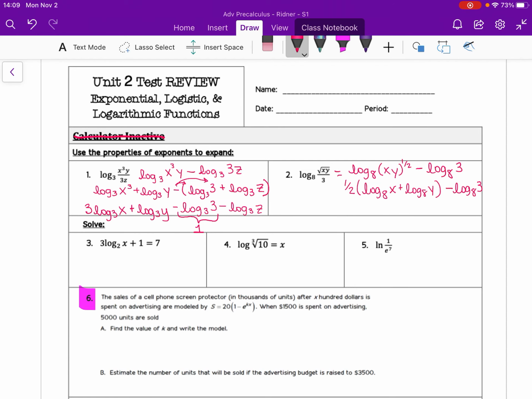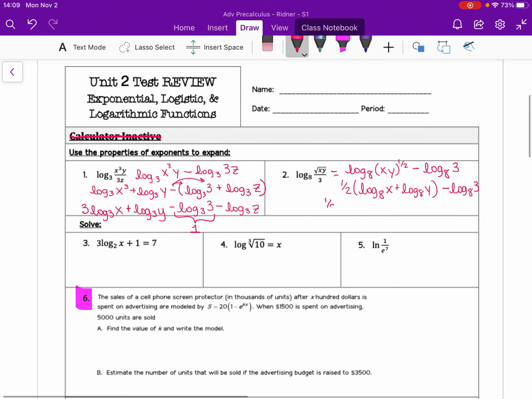Typically when we're completely expanding, we want to get rid of the parentheses. So that means that I would distribute my 1/2. If you went about it where you put it as x to the 1/2 power times y to the 1/2 power and then did this, you would have got the same end result. So that's cool too.